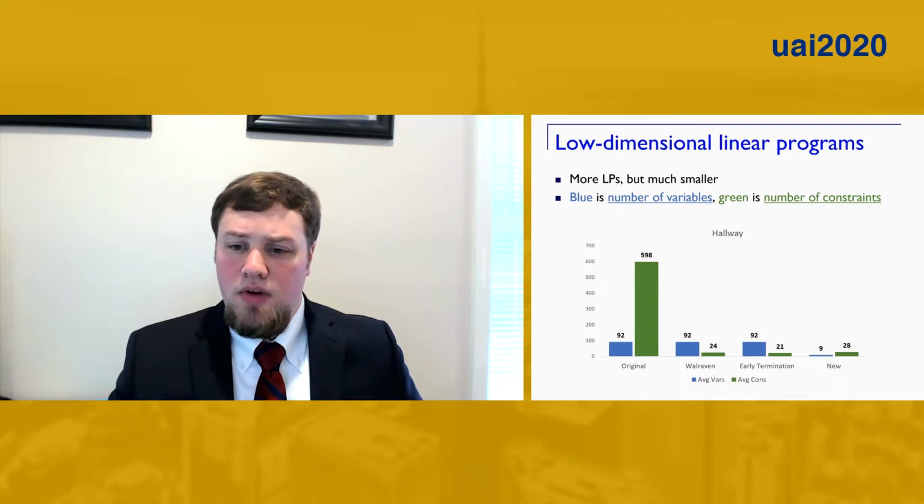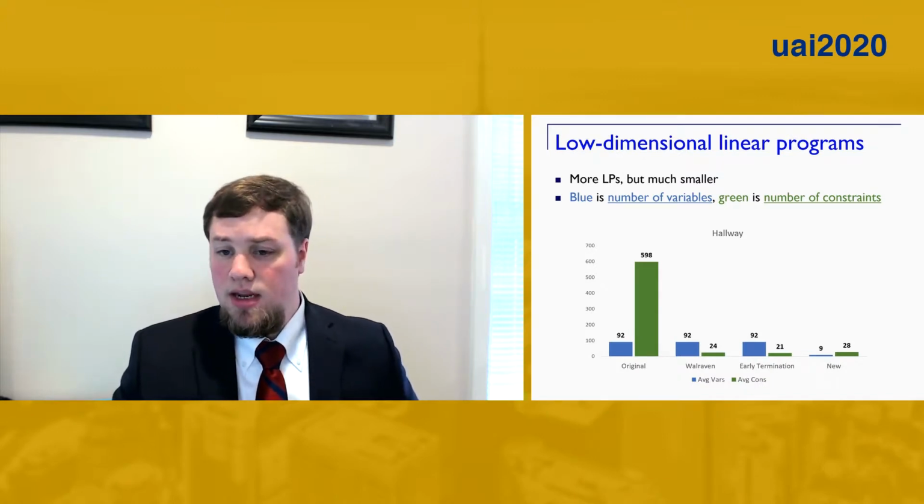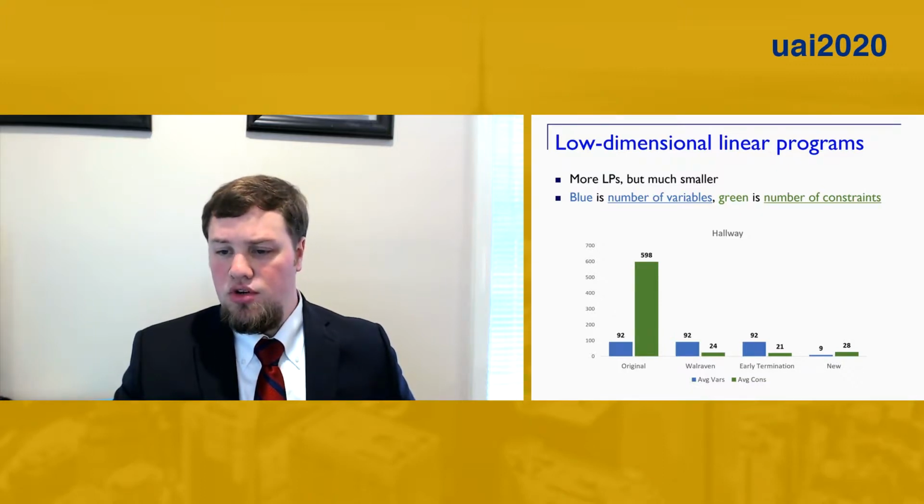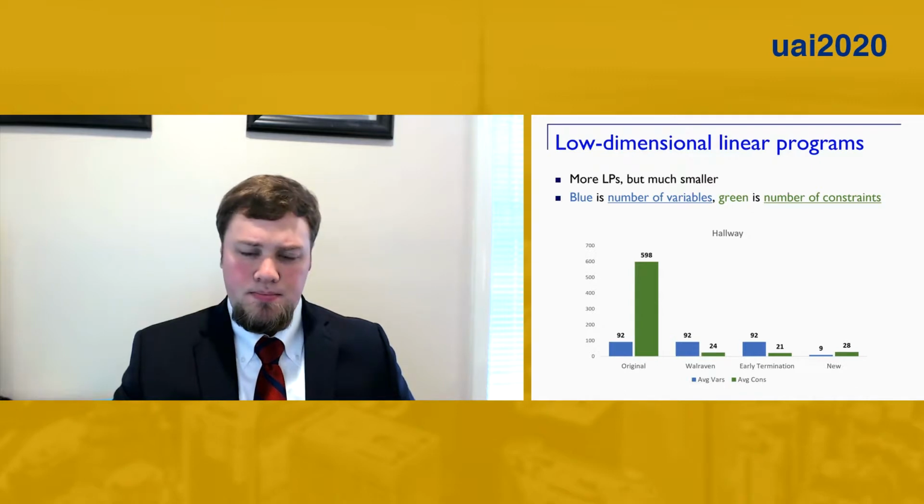To give some perspective on the reduction in linear program dimensionality, consider again the hallway example shown before. It's quite clear that both the Walraven and the early termination algorithms yield a significant reduction in the number of constraints from the original algorithm. But notice that they still both solve linear programs using all of the original 92 variables.